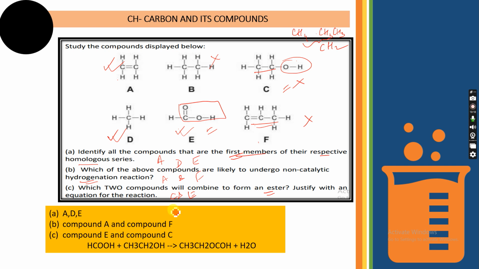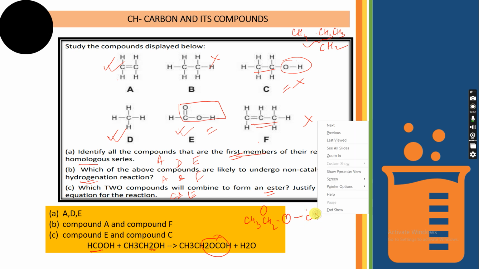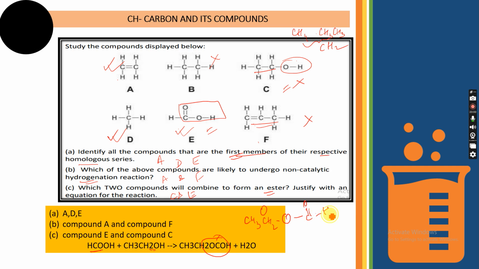Formic acid is there and ethanol is there, so you just combine them. CH3CH2 and then the oxygen remaining, O, and here C, O, H, plus water is released.